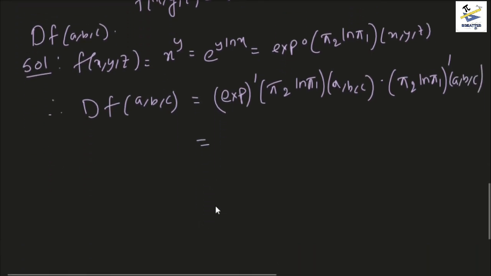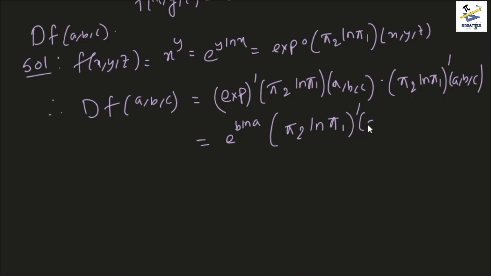Since the derivative of exp is just exp, if you put in the values of a, b, c, e to the power pi 2 log pi 1 would become e to the power b log a, and what we are left with is pi 2 log of pi 1 prime at (a, b, c).